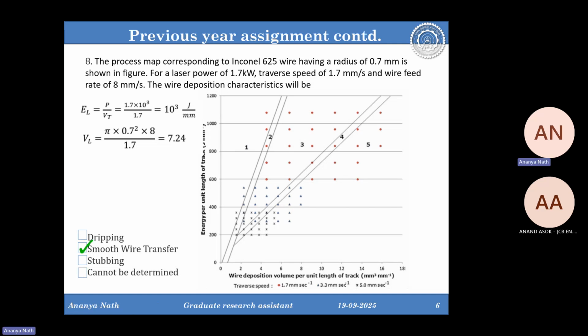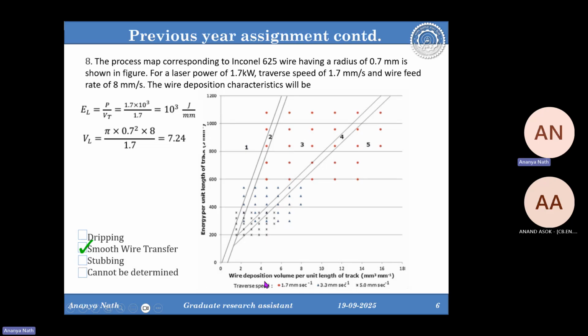As it is coming 7.24, that is in the third zone. If you see from the graph, 7.24 means it's coming near 6 to 8, in the third zone, which is the smooth wire transfer.